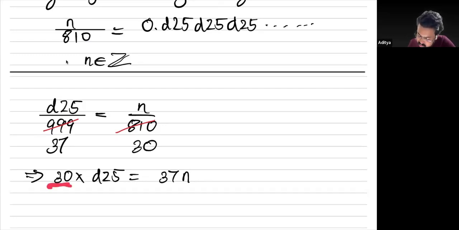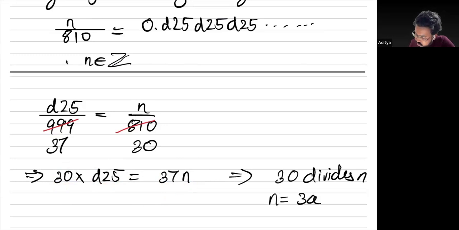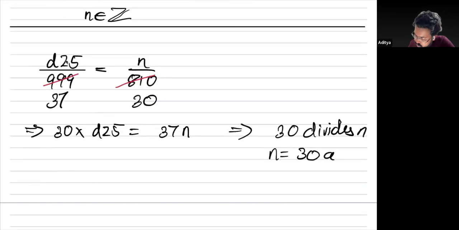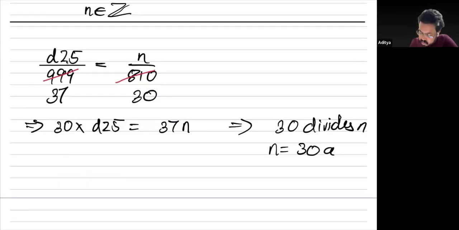Now what I'm going to mention is that since this is an integer and 30 is a factor of 37n, this means n is divisible by 30. So you can write n is equal to 30a, where a is another integer. Then your job will be done.